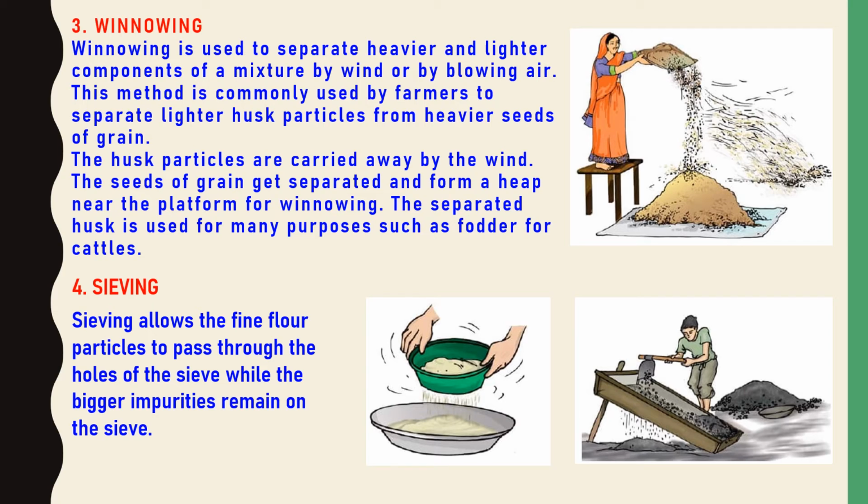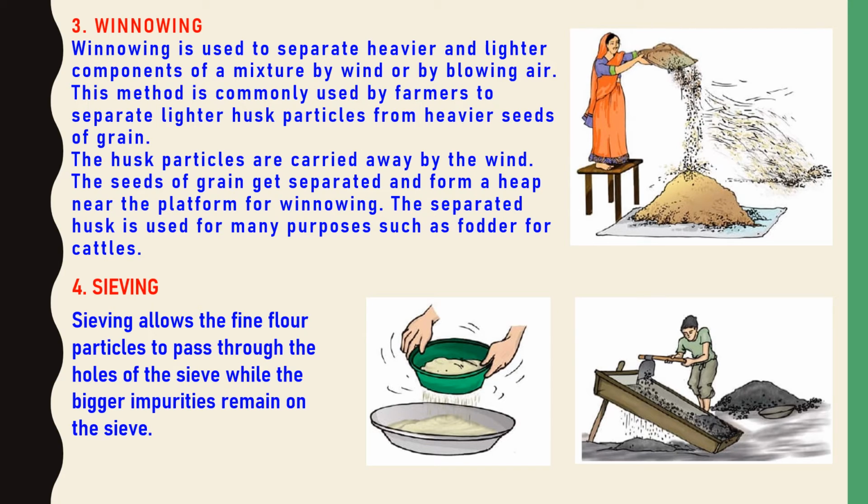The husk particles are carried away by the wind and the seeds of grain get separated and form a heap near the platform for winnowing. The separated husk is used for many purposes such as fodder for cattle. So this is winnowing. Now moving further towards the next separation method, that is sieving.